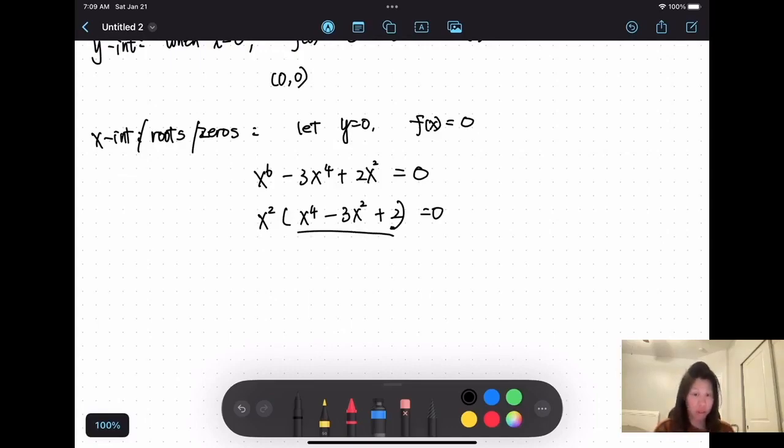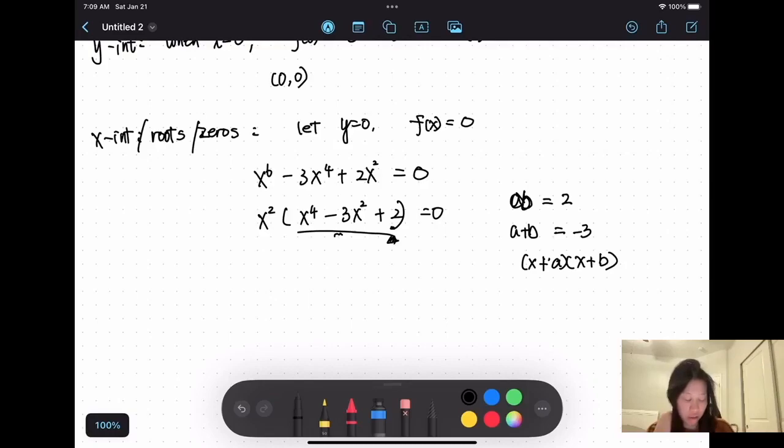So let's do a quick review. What is the AC method? We want two numbers, let's call them a and b, whose product equals positive 2, and whose sum equals negative 3. After we find these two numbers, we can write the expression as x minus a times x minus b. Oh, sorry, I said that wrong, it should be x plus a and x plus b.